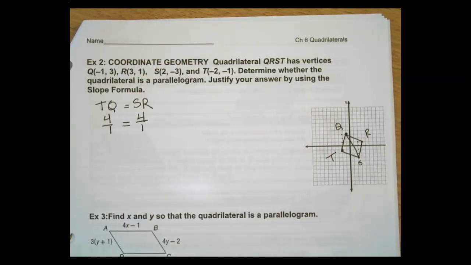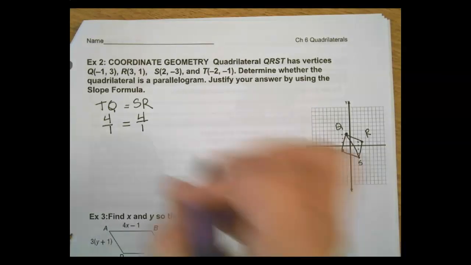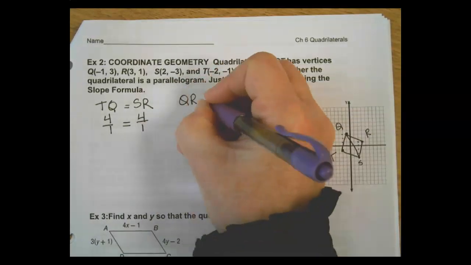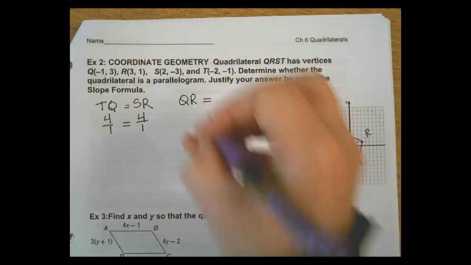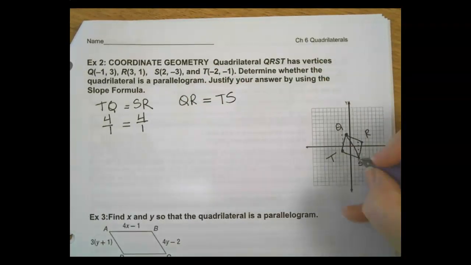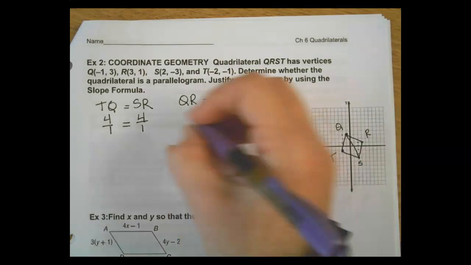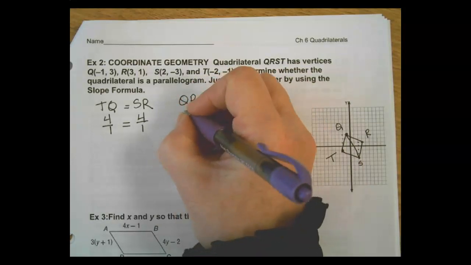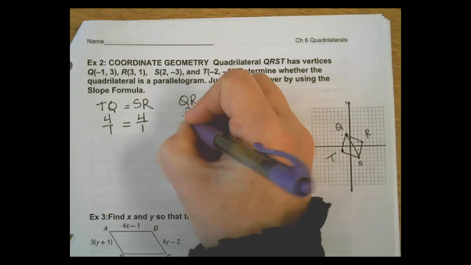So let's try the other one. We could do the other side, just for fun. So does QR equal TS? I always like to rise. You guys can do it however you want, but I'm going up 4 and over -1.